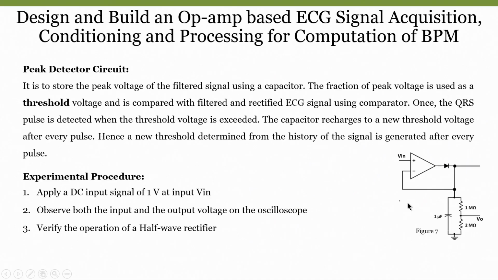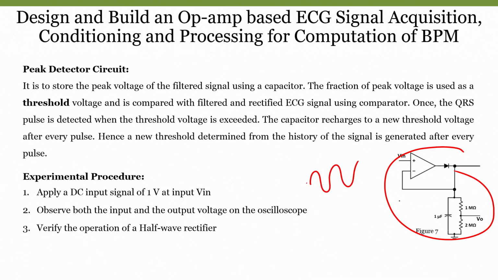When we look into our presentation, this particular part we have seen, and if the input signal is a sine wave, then at this particular point the output will be, because of the capacitor, charged to a particular value, that is nothing but the peak value.